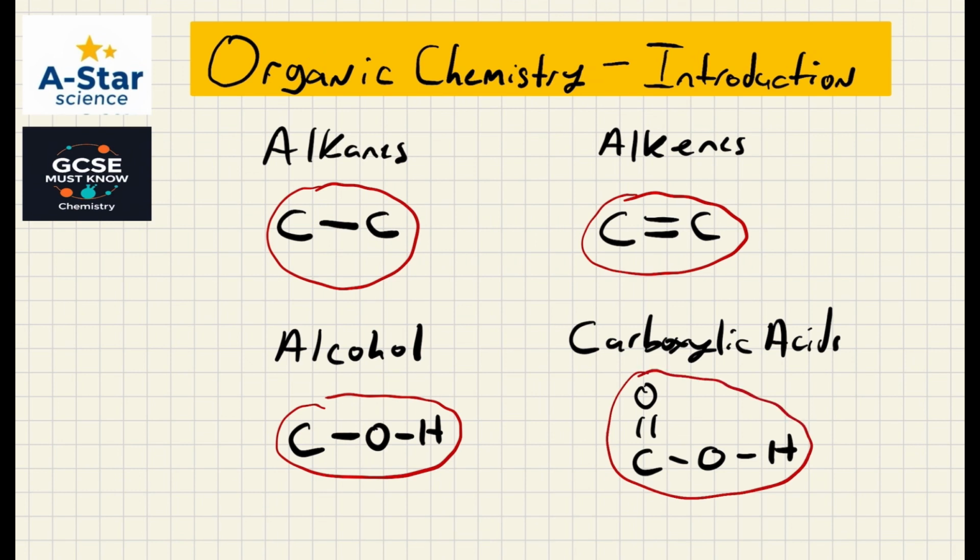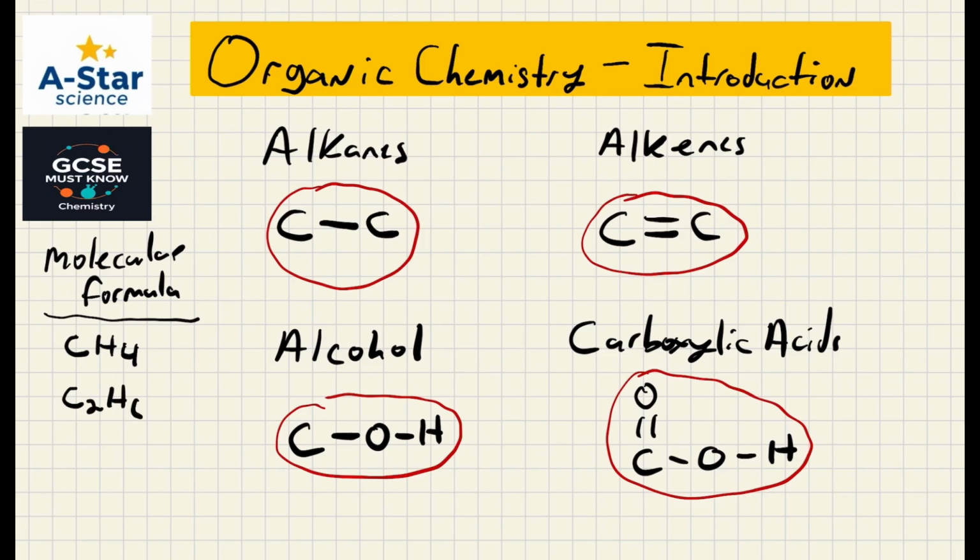We can also discuss the difference between what's called the structural formula and the molecular formula. So the molecular formula is when you only write the atoms and their numbers. So for example, methane would be CH4. That would be methane because it has 1 carbon. Ethane would be C2H6.